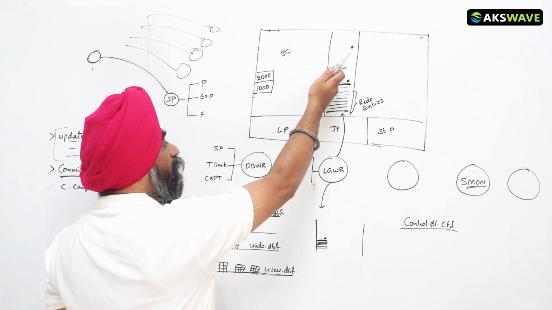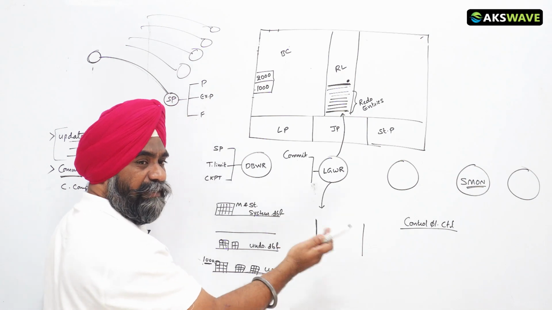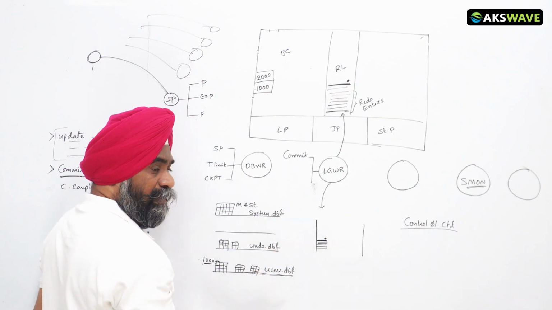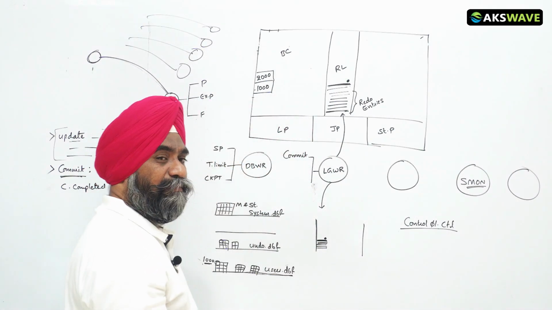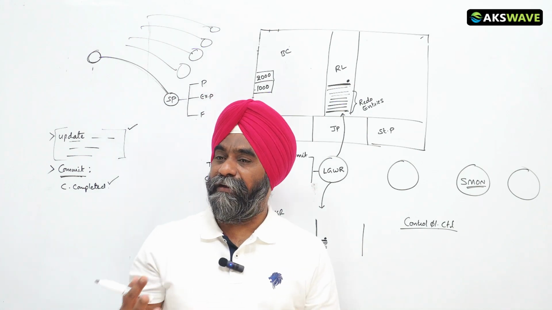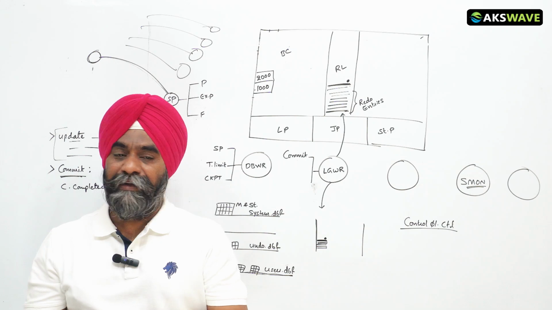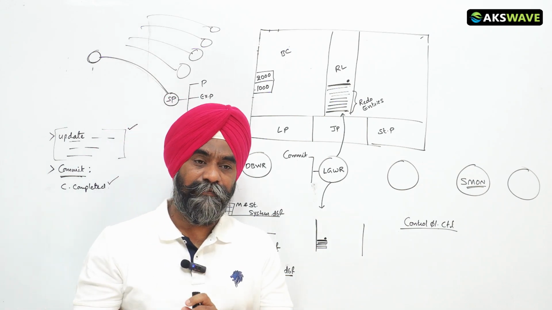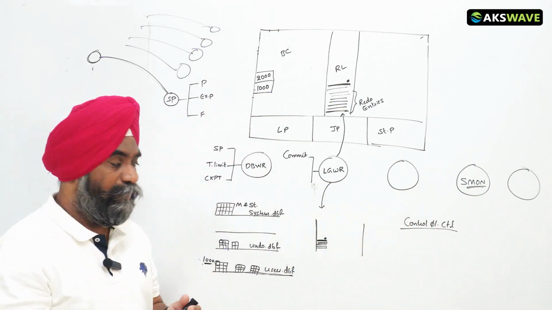If my Redolog buffer is 10 MB, it might be 100 MB or 200 MB, nearby. That kind of size, so this is in MBs only. But this control file is hardly 5, 7, 8, 9, 10, or 12 MB. Less than 10, less than 15 MB kind of size. Very small. But it contains a lot of important information.